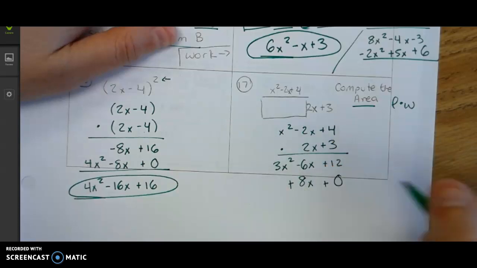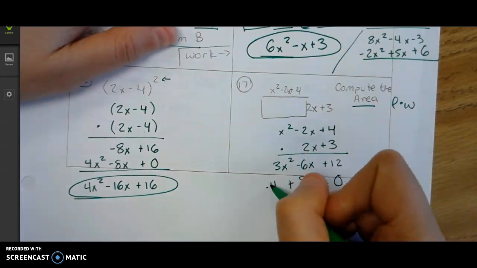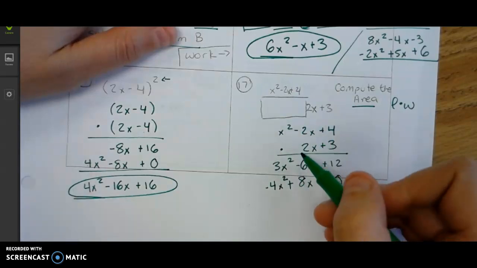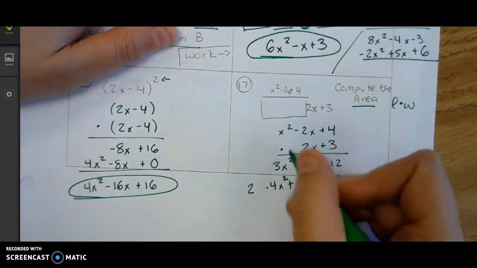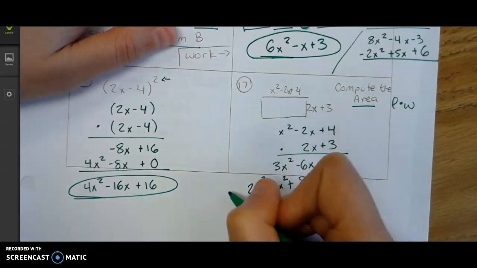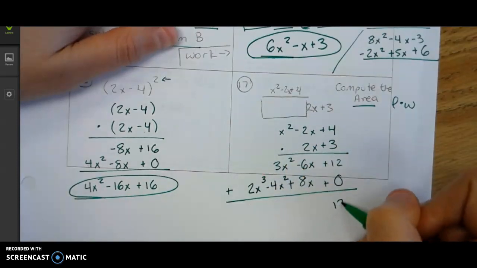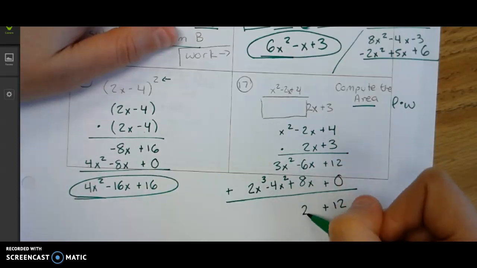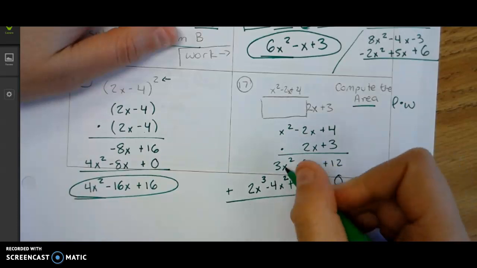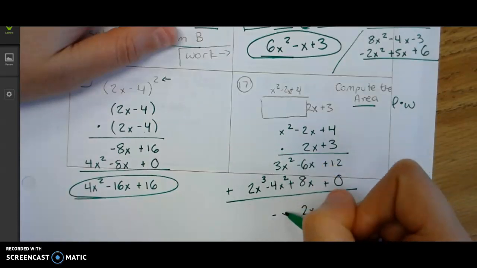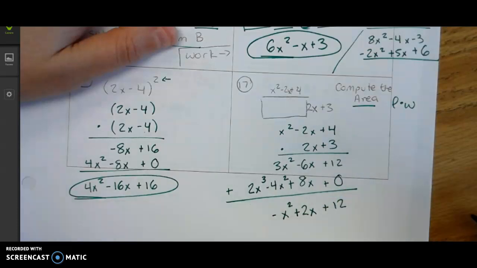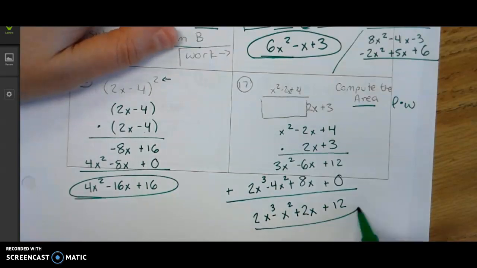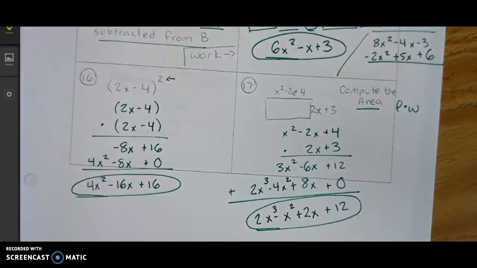That's positive. Negative 4 x squared, because there's two x's. 2 times 1 is 2, with 3 x's. Combine my like terms. A positive and negative subtract. Always take that bigger sign. And there's your answer for number 17.